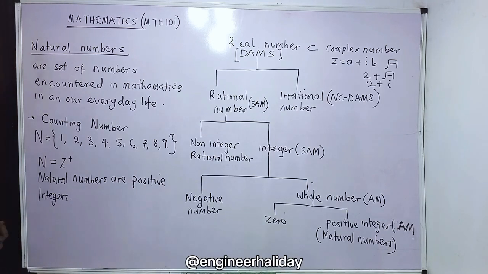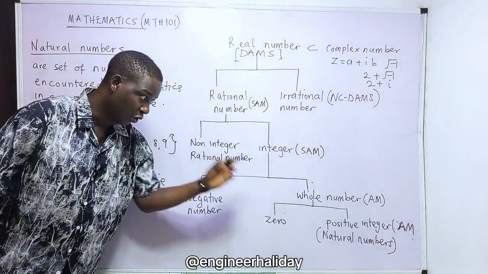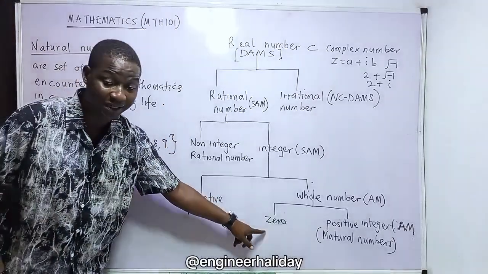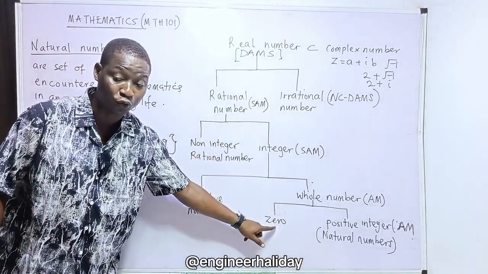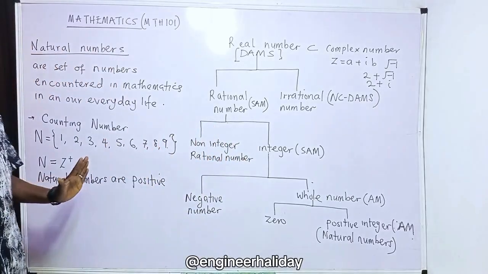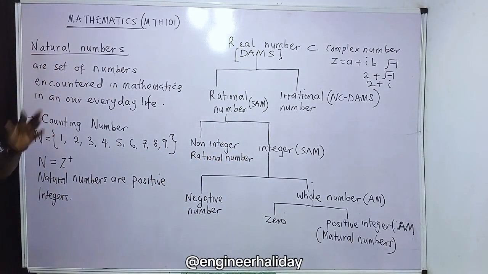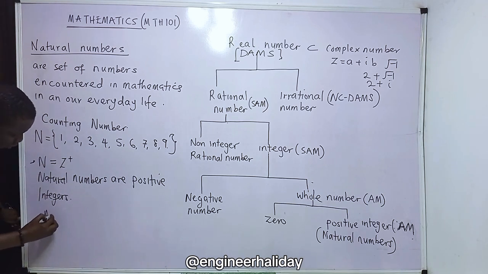Whole numbers will include 0, although they are very close, because it's only one number that separates natural numbers from whole numbers. Only one number, but that one number counts. So we cannot just say they are natural numbers. No, we cannot. Then you can also say that natural number is a subset of integer.